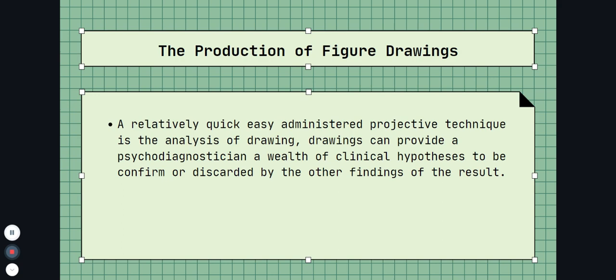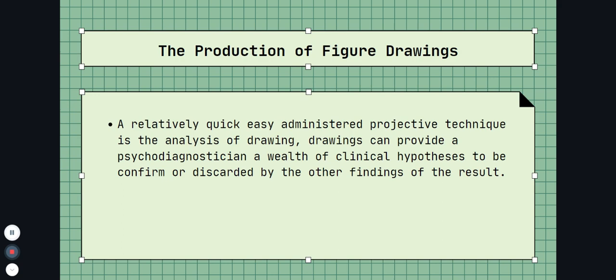Figure drawings are an appealing source of diagnostic data because the instructions for them can be administered individually or in a group by non-clinicians such as teachers, and no materials other than a pencil and paper are required.